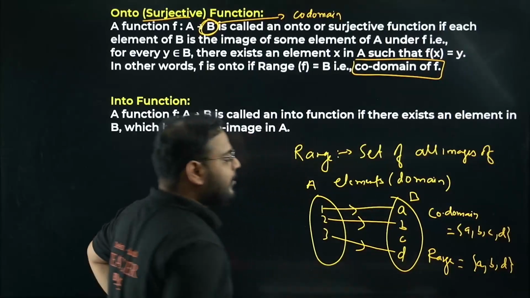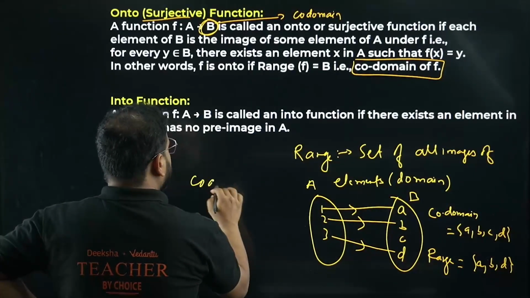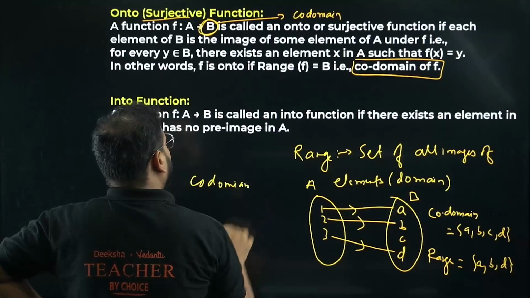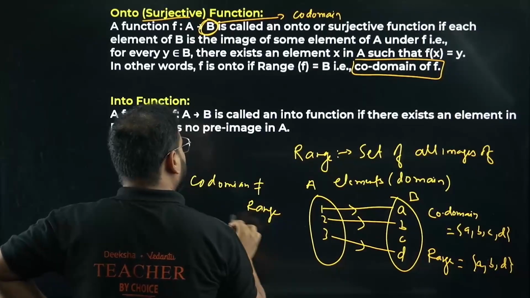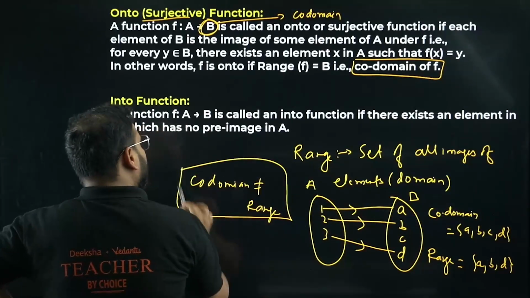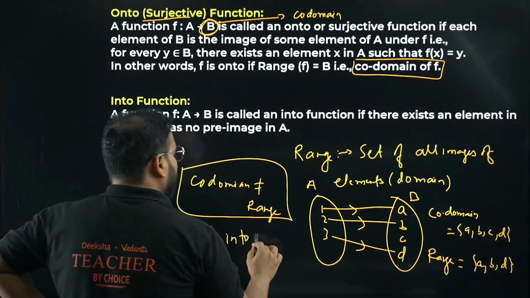So can you call codomain and range equal? No. The codomain is not equal to the range in this given example. Then we call the function into.